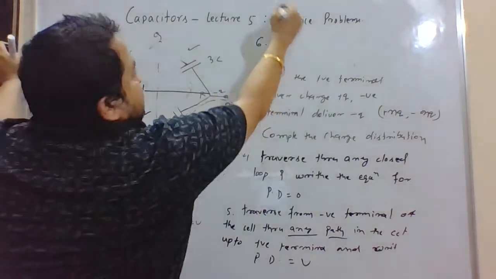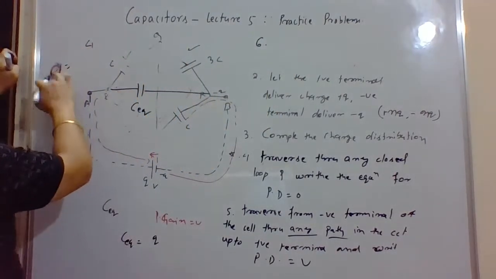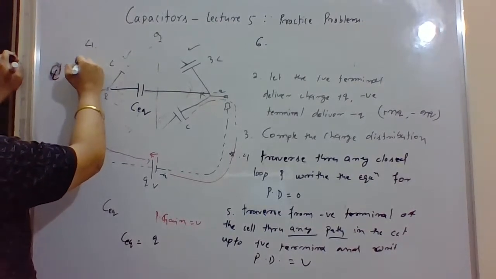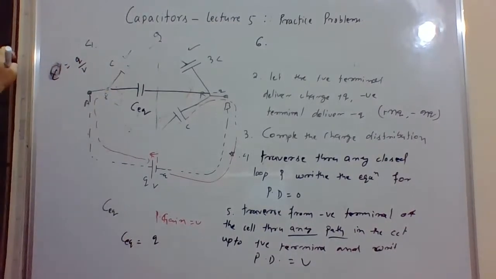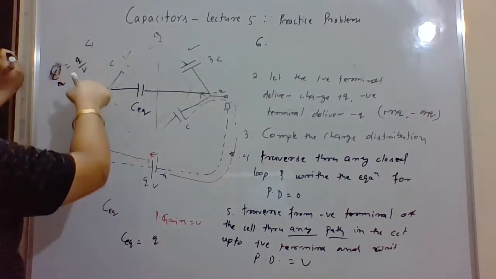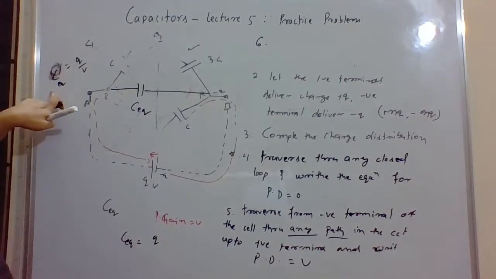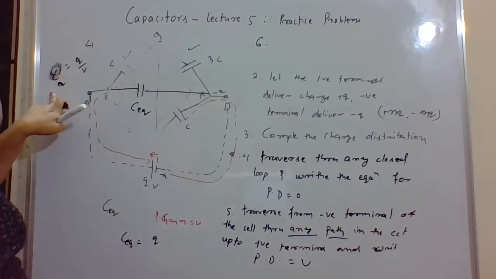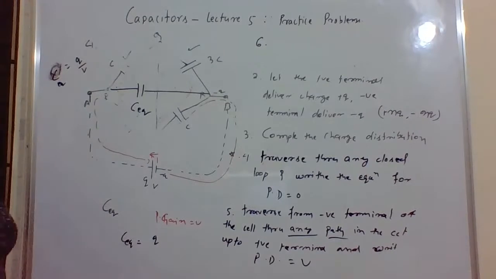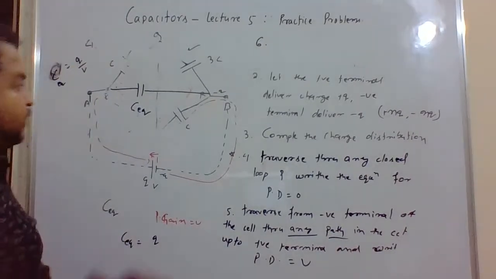We know capacitance C is nothing but Q by V, which means C equivalent is nothing but Q by V. We'll use that last trick and find the value of C equivalent. Let's see how we use it in this problem.